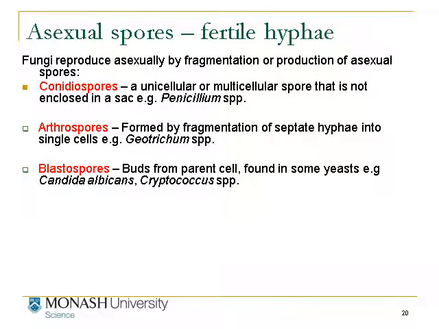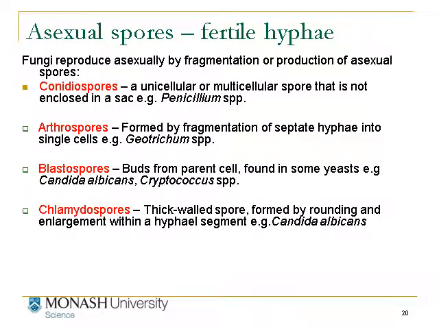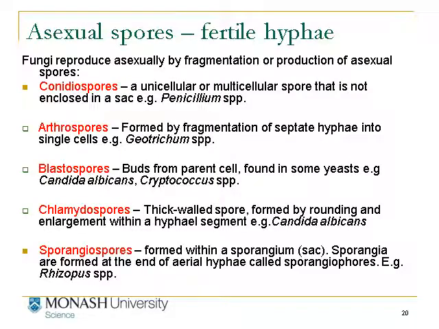Blastospores are buds from parent cells found in some yeast, such as Candida albicans and Cryptococcus species. Chlamydospores are thick-walled spores formed by rounding and enlargement within a hyphal segment, formed by Candida albicans. And sporangiospores are also common from Rhizopus species.